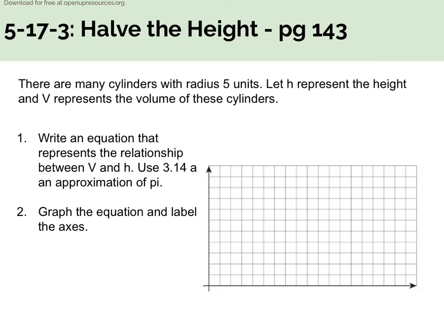All right, so remember that the volume for a cylinder is pi times radius squared times height. And what information is given to us? We have the radius of 5 units. Let's put that in. So we're going to have pi, we're going to have 5 squared, and then we're going to have height. Let's look at this a little bit further. We have pi. What is 5 squared, or radius squared?